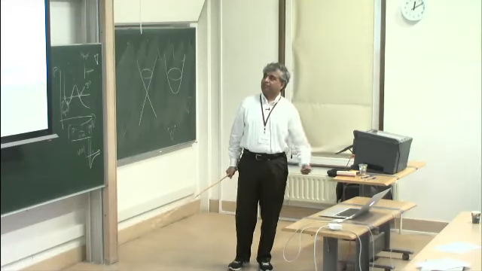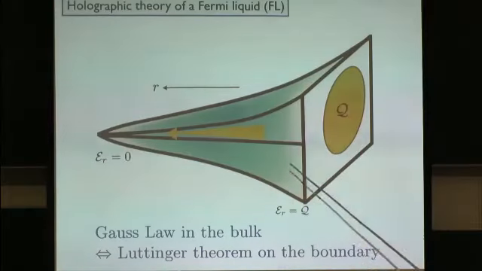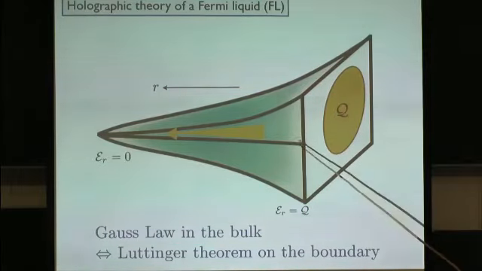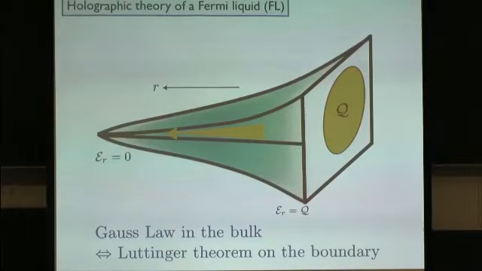And finally, in the Fermi liquid, what John mentioned is where the entire flux is eaten up by the fermions. At least in my simple calculation, we expected the geometry to terminate. But John showed that there are actually beautiful solutions where it doesn't terminate, but still all the flux is eaten up by the fermions in the bulk. So that's a Fermi liquid, at least in the way that it terminates.